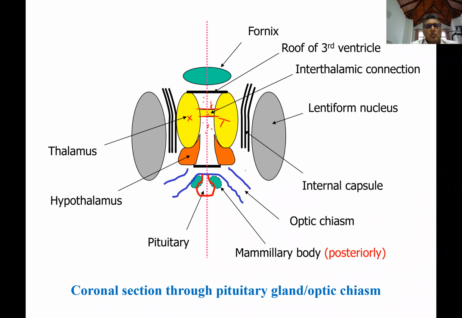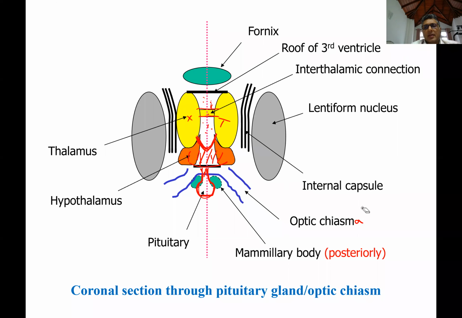Usually you don't say left and right hypothalamus. Even though I have drawn it like this, it's the whole area, because the third ventricle ends here, and this whole area would be the hypothalamus. Attached to its lower end is the pituitary stalk with the pituitary gland. When you learn the pituitary gland and the optic chiasm, either you can call it optic chiasm or optic chiasma.